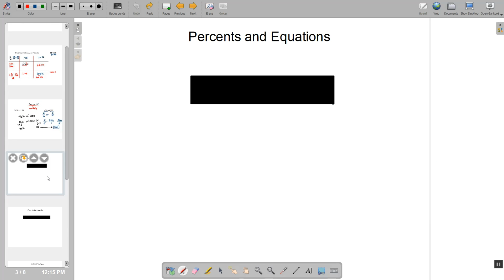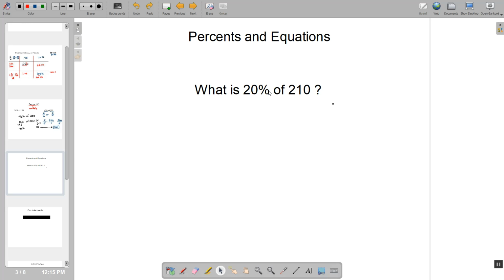Now we're going to get into some examples that are new, and so we're going to slow down a little bit. The big goal here is to remember our connections between percents, equations, and proportions, the 3 big things we've covered so far this year. So if I'm given a problem, what is 20% of 210? This usually happens in a problem with some type of story based around it. You've identified the question as what is 20% of 210, and now you need to solve it.